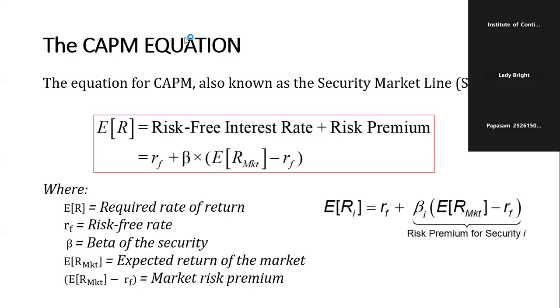Sam asks, assuming I want to invest in a stock, how do I determine the beta in practice to compute the required rate of return? There's a way to calculate the beta of the company or of the stock.